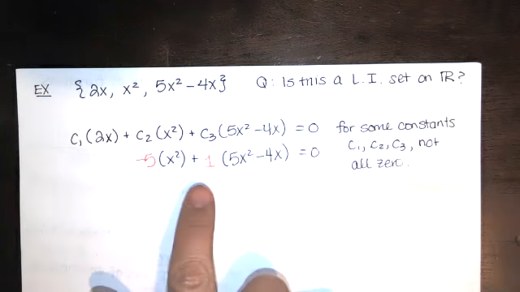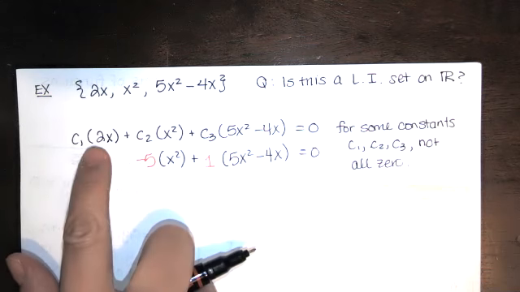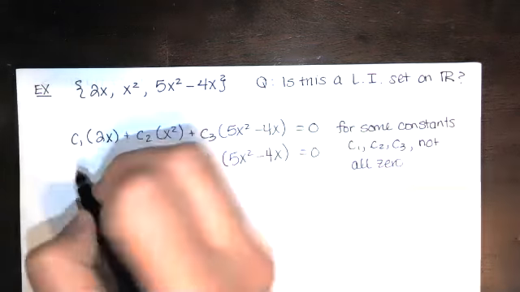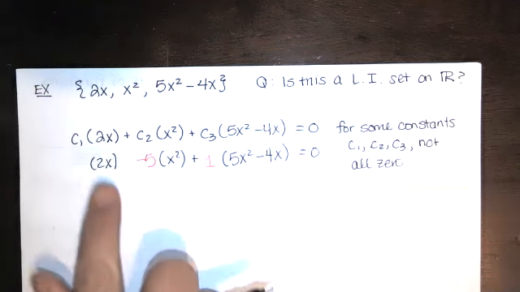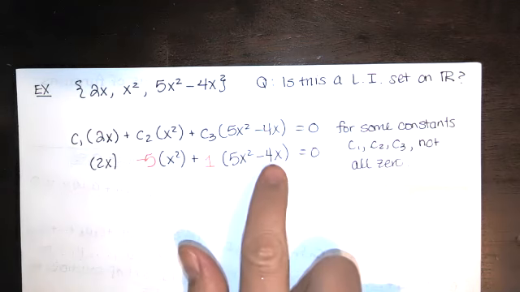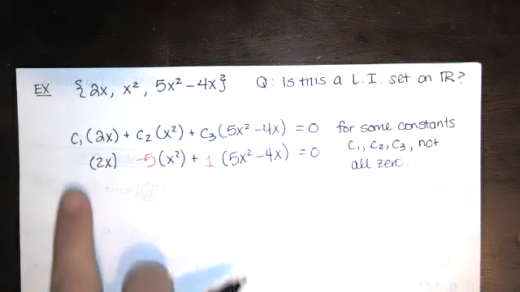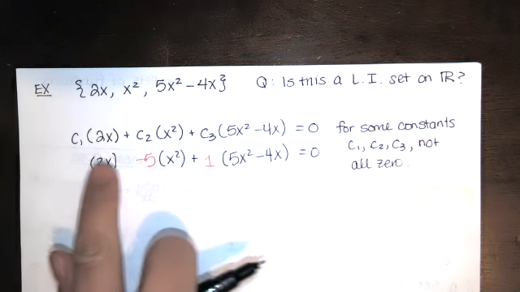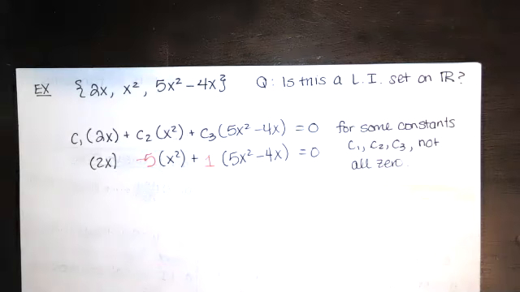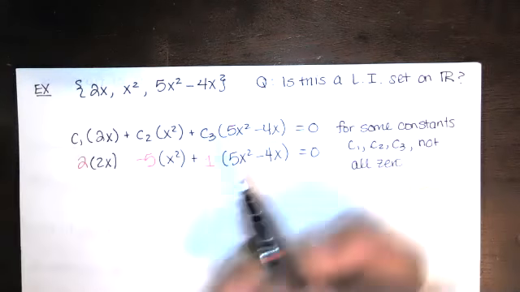Now the question becomes, well, what about this 2x? Well, I can use the 2x to get rid of that negative 4x there. If the coefficient of this were a 4, if this was a 4x minus a 4x, I'd have 0 there. So I'll just choose C1 to equal 2.